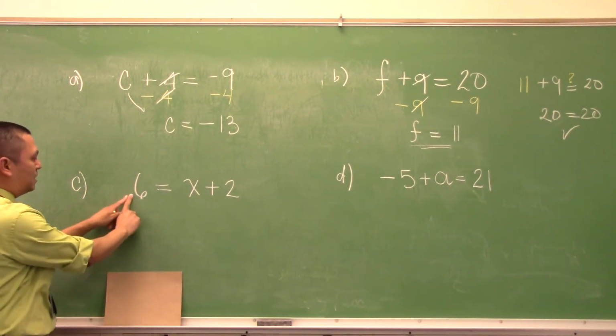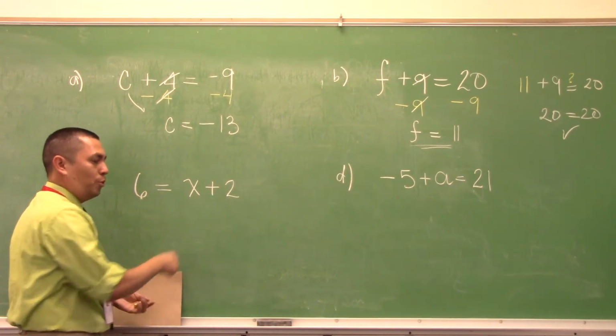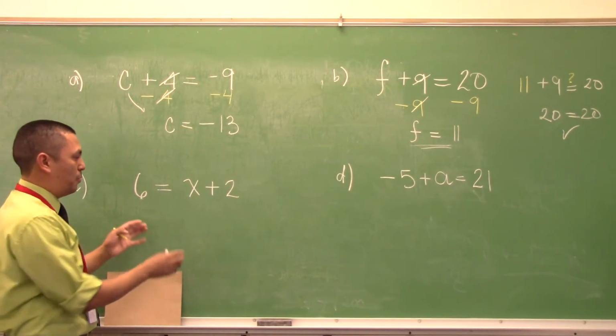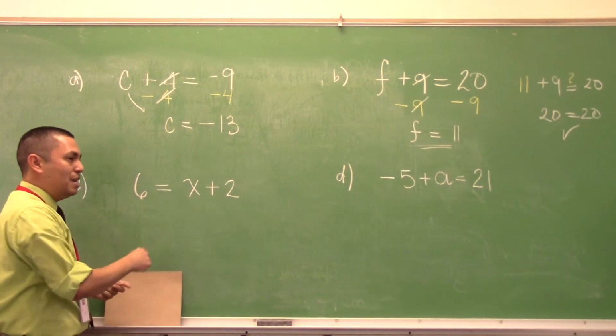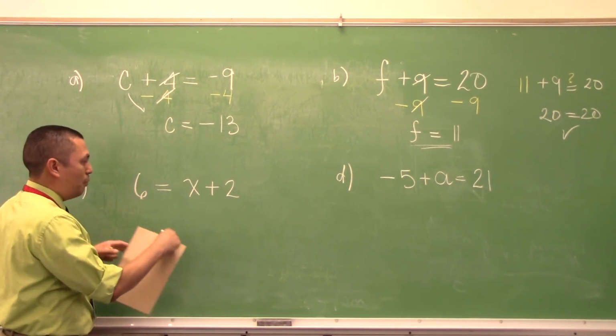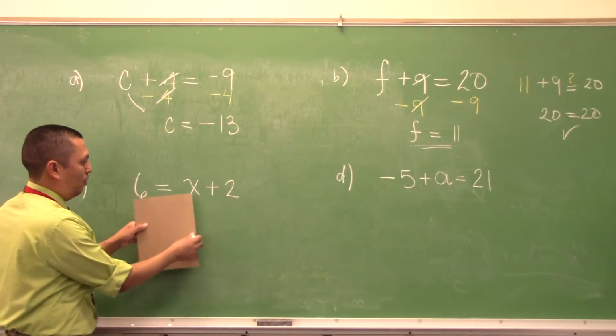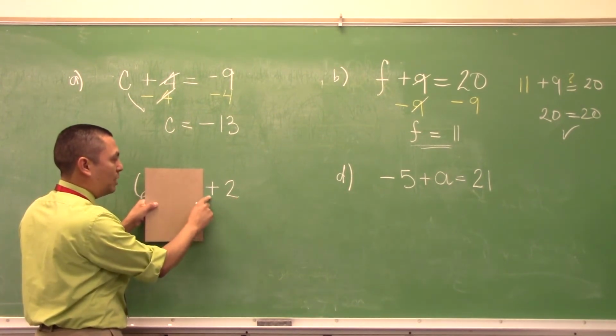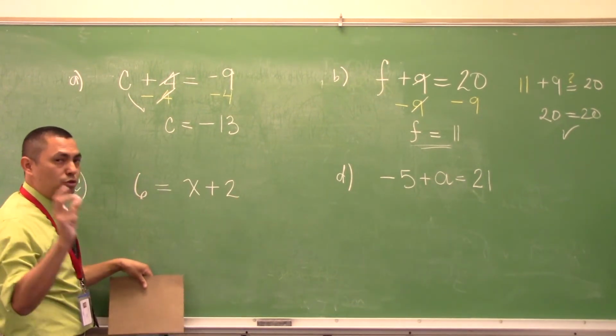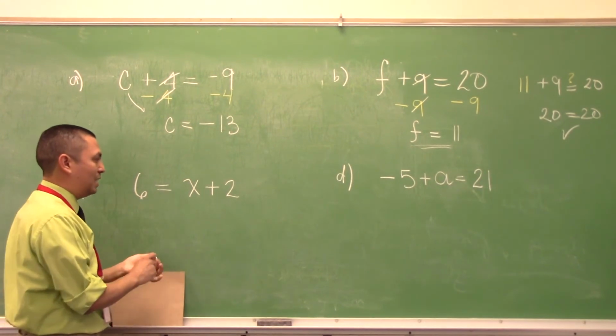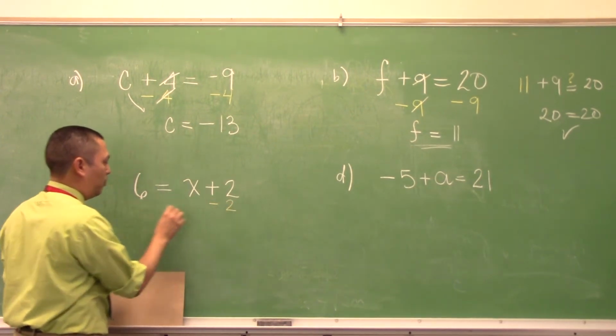What do we have? 6 equals x plus 2. Now the only difference in this problem is that x is on the right side. So it doesn't matter. We do the same. We cover the variable x. And what is the operation that I have? Plus 2. So I'm going to use the inverse of that operation. In this case, minus 2.